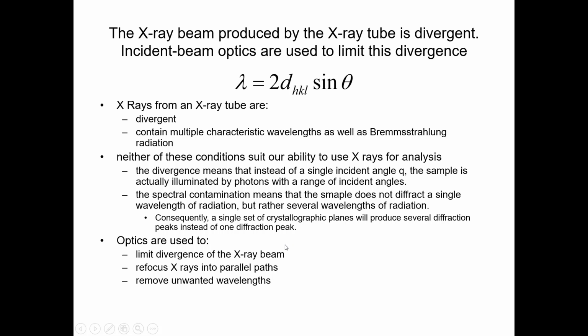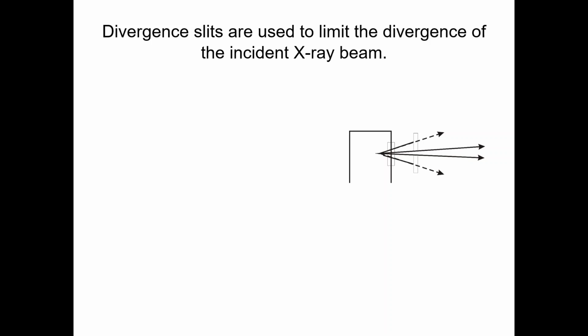So optics are also used, and their purposes are to limit the divergence of the X-ray beam, to refocus X-rays into a parallel path, and to remove unwanted wavelengths. That is the key purpose for using optics in the X-ray diffractometer. The first purpose is to limit the divergence of the X-ray beam. The second is to refocus X-rays into a parallel path and to remove the unwanted wavelengths.